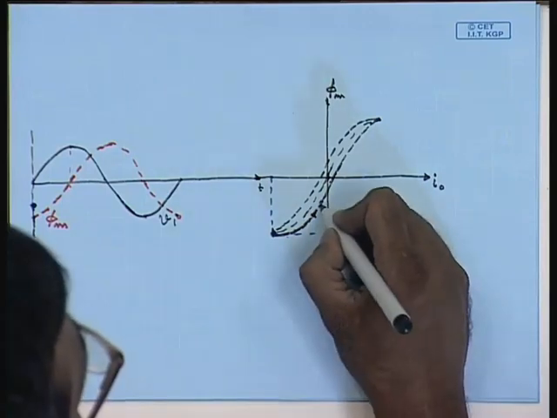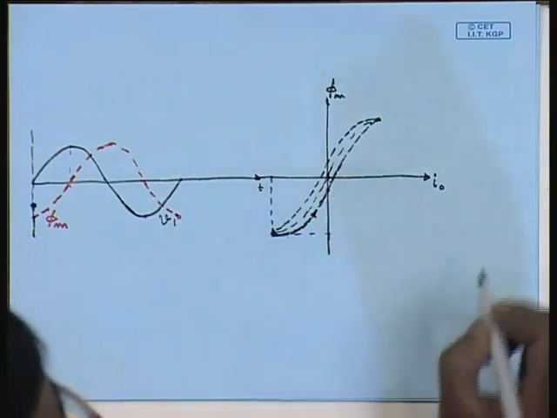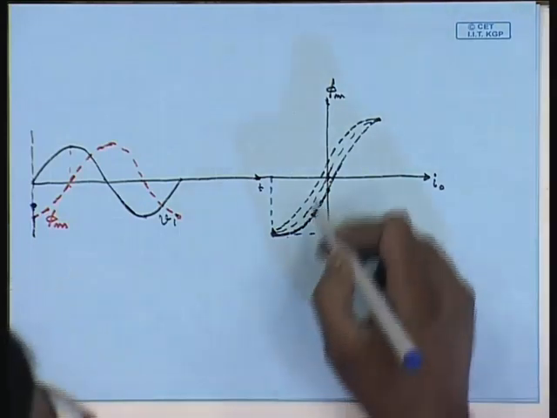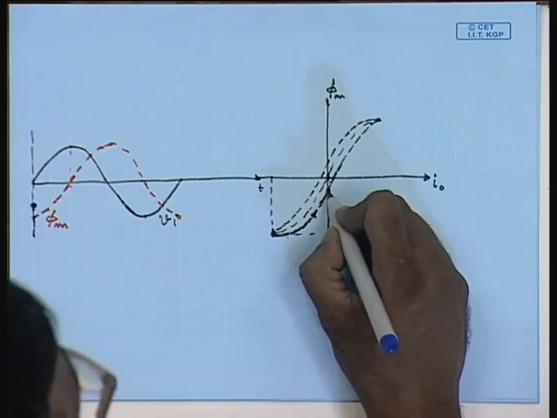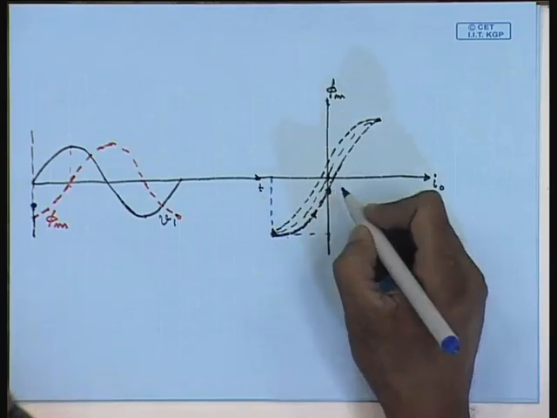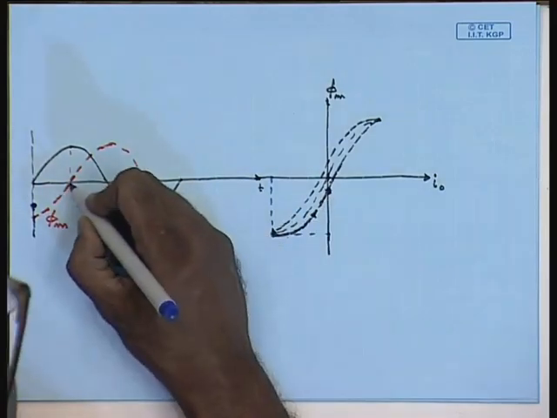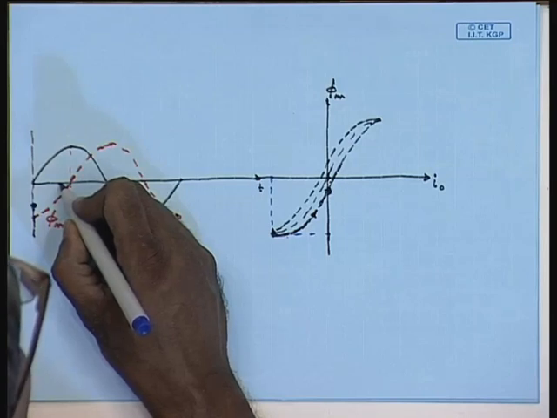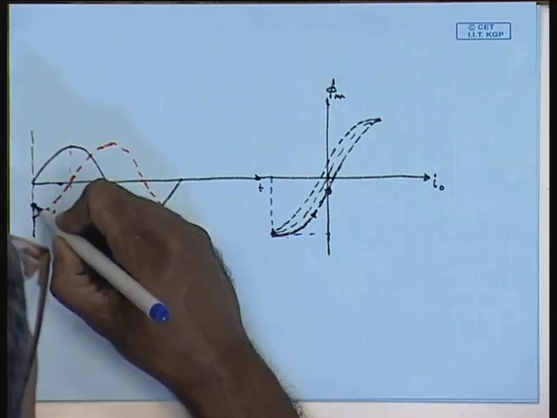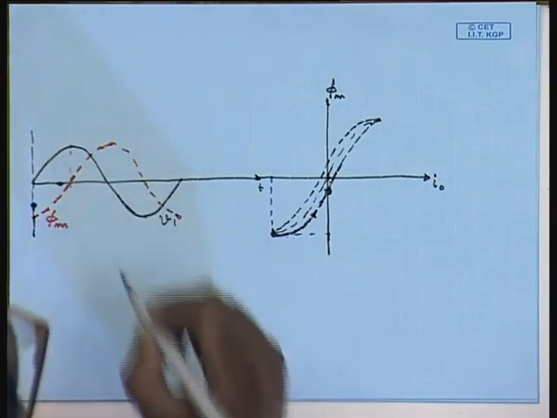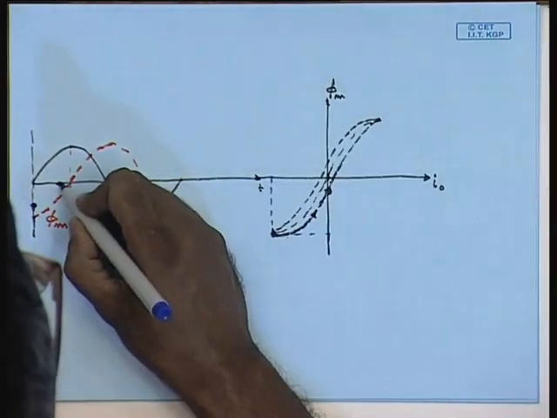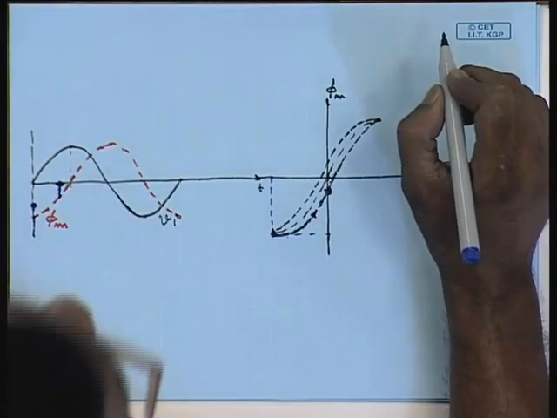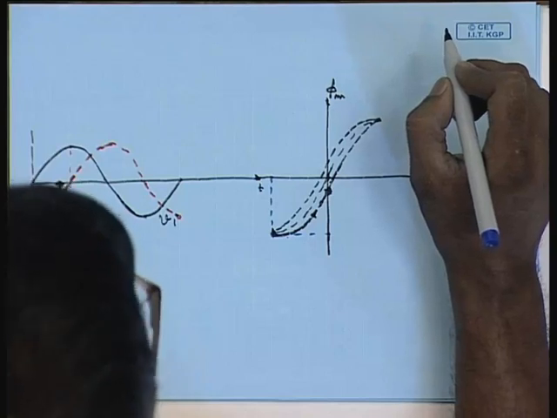So, we see that the current will become 0 before the flux becomes 0. This is the point where the current is 0 but some flux still exists.